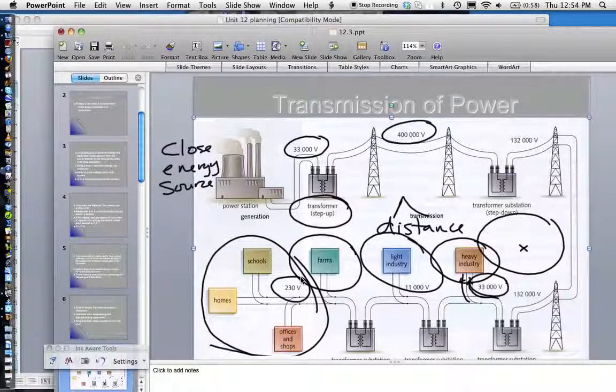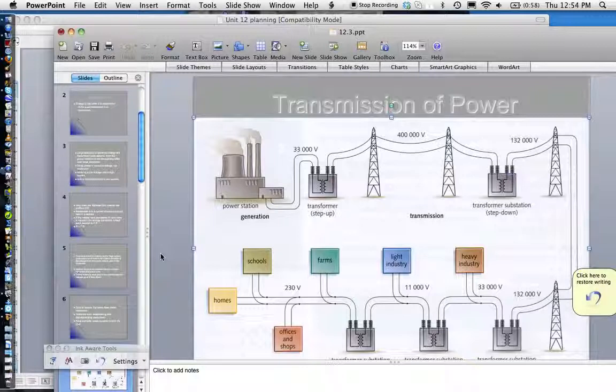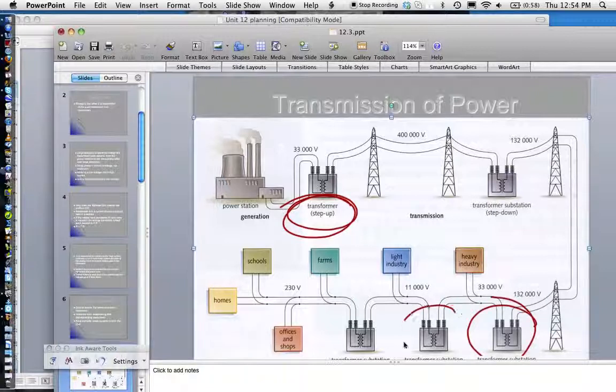So overall, we've got this major step up, and then we've got a series of step down transformers, perhaps 1, 2, 3, and these are basically stepping down the voltage so that it becomes usable. You don't want, for instance, in your house to have 11,000 volts being used. It's too much energy per coulomb. You want it at a lower amount.